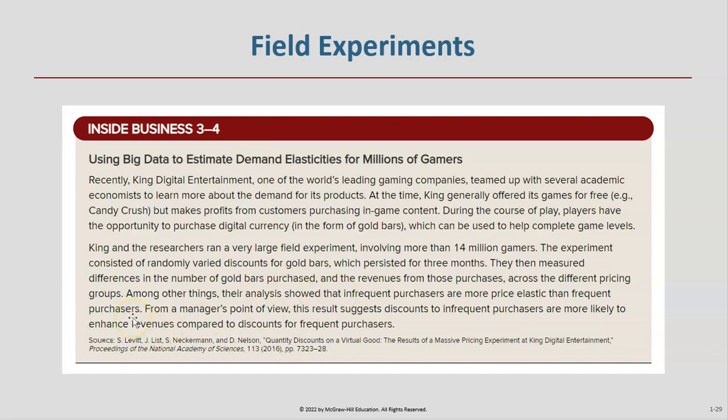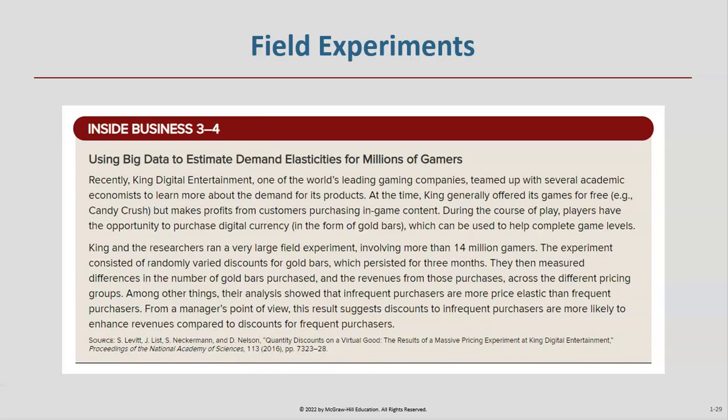Later on in the semester, we'll see that if you can isolate infrequent purchasers from frequent purchasers, then you can engage in what's known as price discrimination and raise your revenues. I've posted this article written by Levitt, List, Neckerman, and Nelson, Quantity Discounts on a Virtual Good, on As You Learn in case anyone is interested in taking a look.